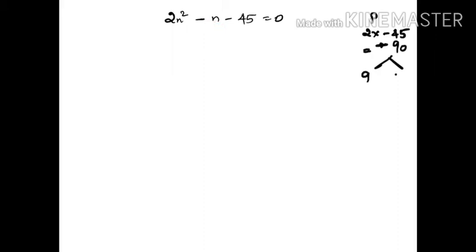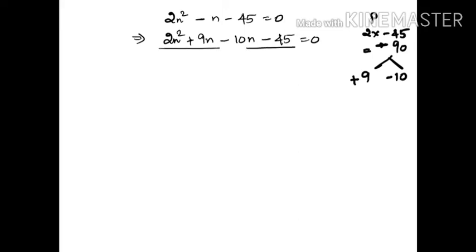So 9 into 10 is 90, and we have to place minus sign with 10 and plus with 9, so that the sum is minus 1 and the product is minus 90. So this equation is 2n square plus 9n minus 10n minus 45 is equal to 0.